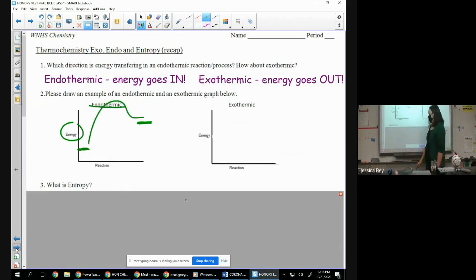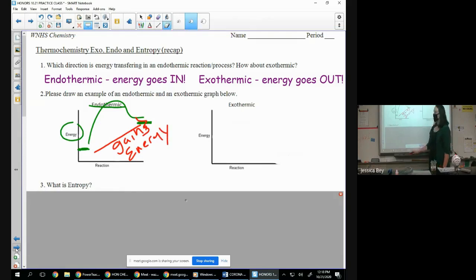But the main thing I would use to help yourself study is that it gains thermal energy. It's taking that energy in to create bonds, to create new molecules, to do things like that. So it's taking energy from its surroundings, and it's got more energy at the end.